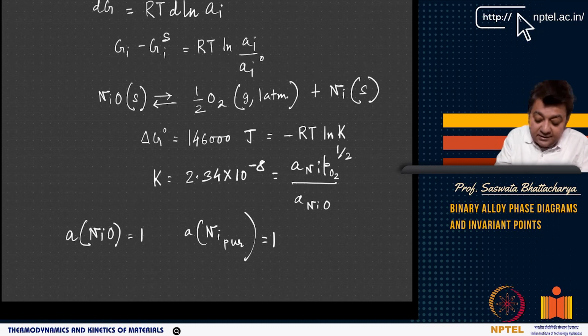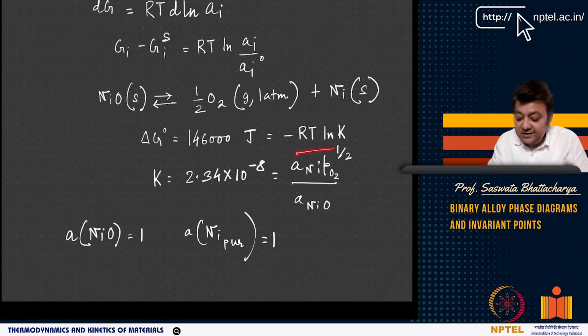Now, if you look at this, nickel oxide is dissociating into half oxygen and nickel solid. Delta G naught for this reaction is 14,600 joules, which is equal to minus RT ln K. So K comes out to be 2.34 into 10 to the minus 8.